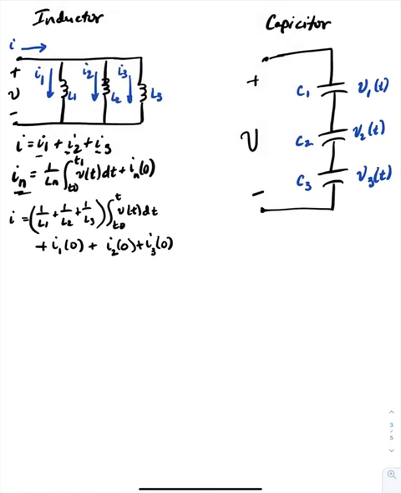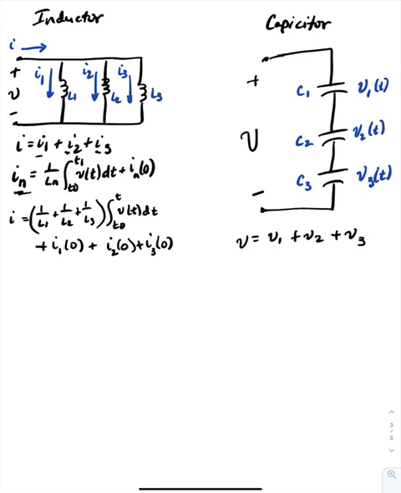So the voltage here is equal to V sub 1 plus V sub 2 plus V sub 3.